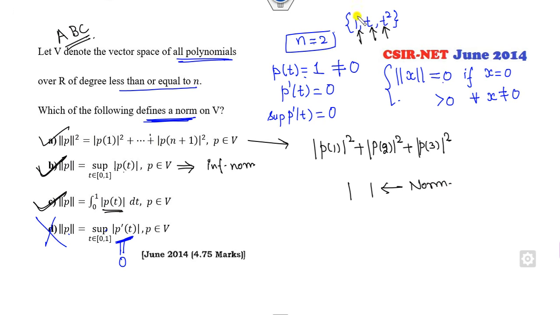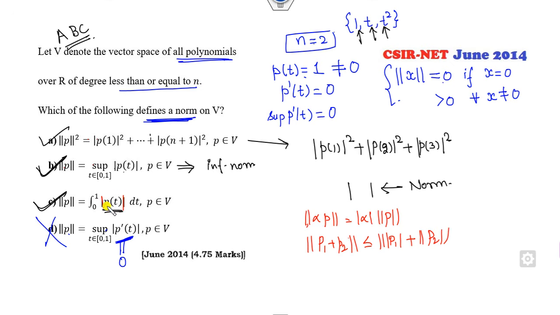Otherwise, if you really want, you can check those properties, like alpha of P is nothing but of this. You can easily see, because if I take alpha P, I can take alpha as common, it's the modulus of alpha. If I take alpha, again modulus alpha. If I do P1 plus P2, it will be less than or equal, definitely. Why? Because of this modulus sign.